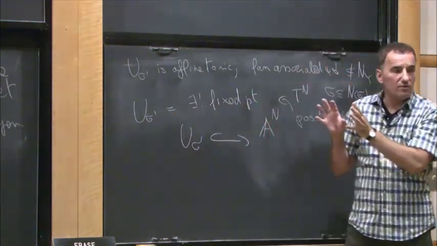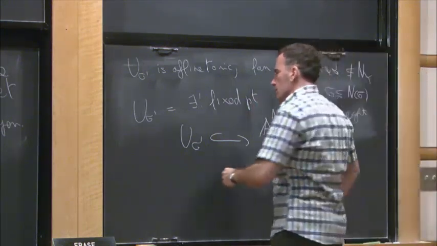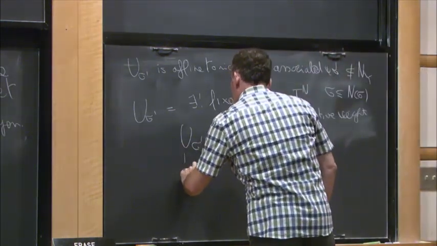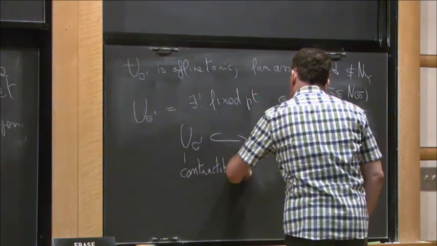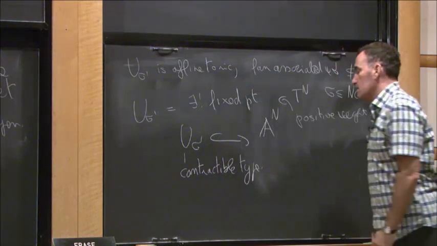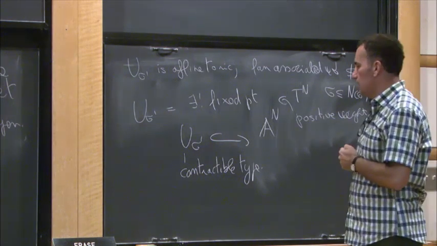So I call these toric varieties of contractible type. The abstract definition is: a toric variety of contractible type is toric, affine, with a unique fixed point.